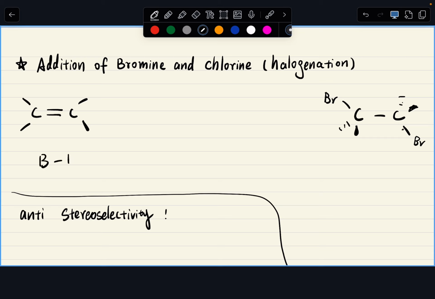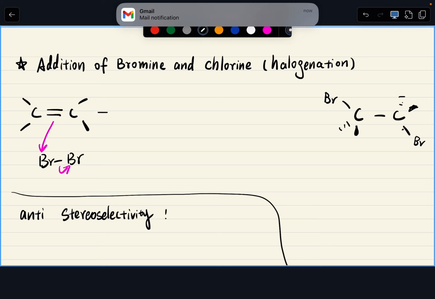Now, what do we have? Likewise, like what we did before in the halogenation reaction, the first step is the addition. So my double bond is attacking the bromine and breaking the bromine-bromine bond. And the result of this is the formation of an interesting intermediate.